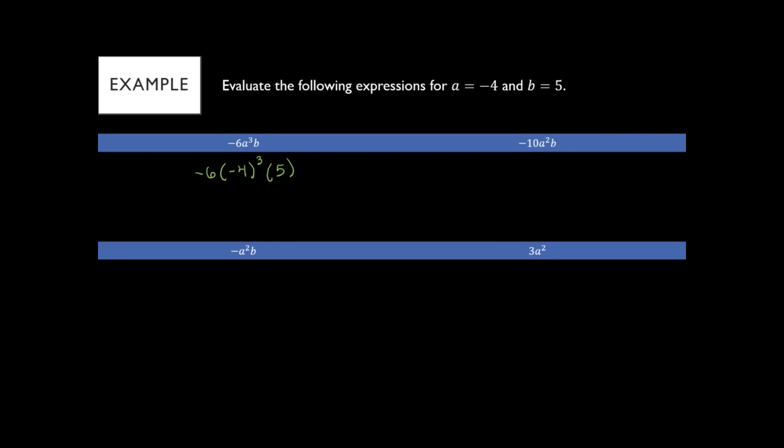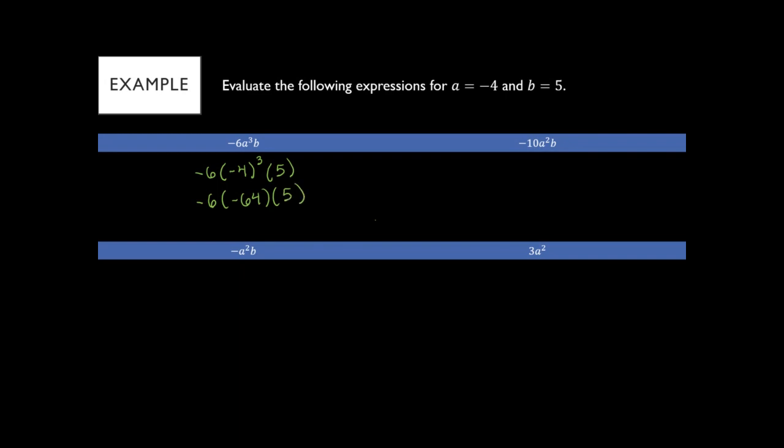Order of operations, we need to do the exponent first. We have negative 4 to the 3rd power. When you put that in your calculator, you have to have the parentheses around the negative 4. This will give me a negative because it's an odd exponent, and I get negative 64. So we have negative 6 times negative 64 times 5.